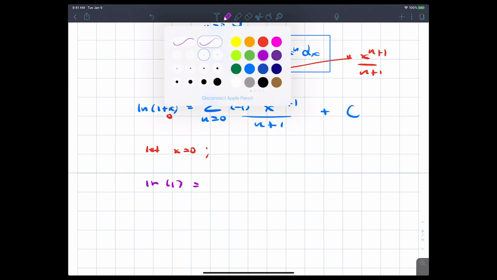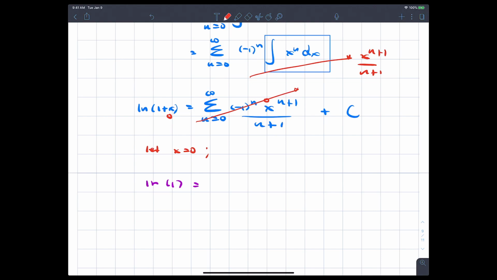This portion here goes to 0 because x is 0 right here. And what happens now is we get natural log of 1, which is 0, plus c. Well, natural log of 1 is 0. So c here is 0.